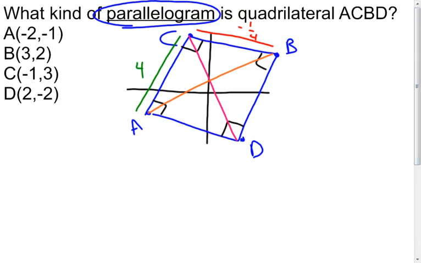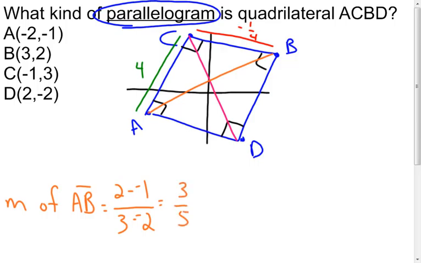Now I can look at my slopes of my two diagonals. I'll start with the slope of segment AB. Now I'm going to subtract my y values again, subtract my x values, and I get a slope of 3/5. Now I'm going to check the slope on segment CD.